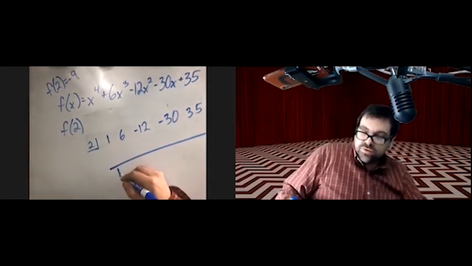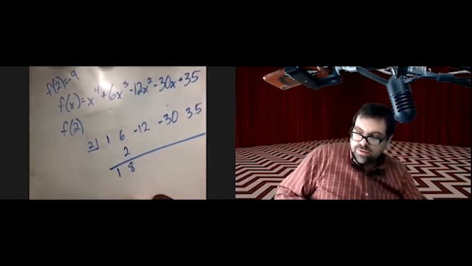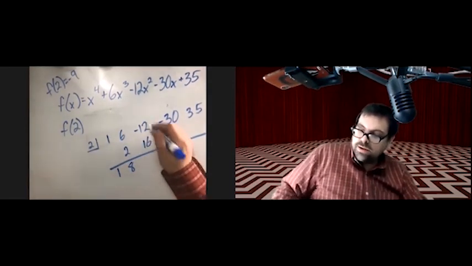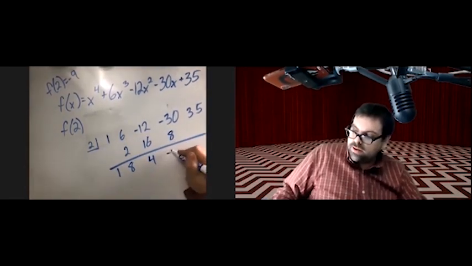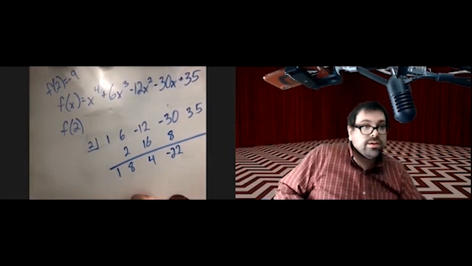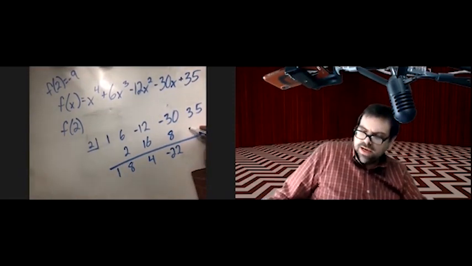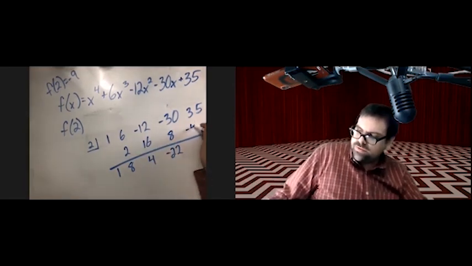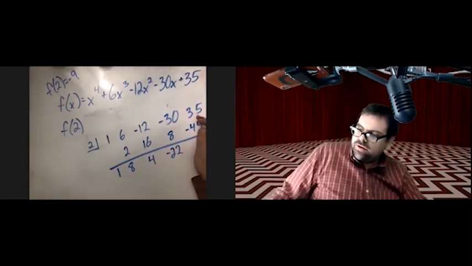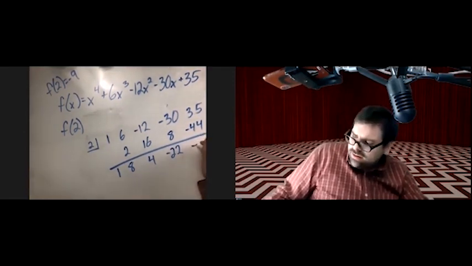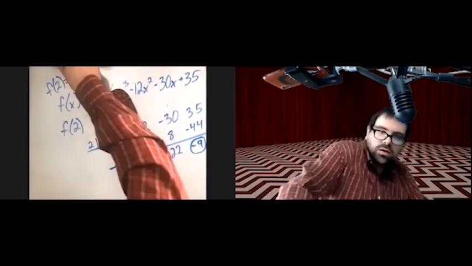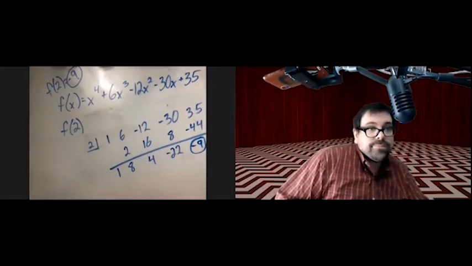Bring down the first number. 2 times 1 is 2. Add. Multiply. Add. Multiply. Add. Multiply. 2 times negative 22 is negative 44. 35 minus 44. What's that? Negative 9. That was a lot easier than plugging the 2 in.